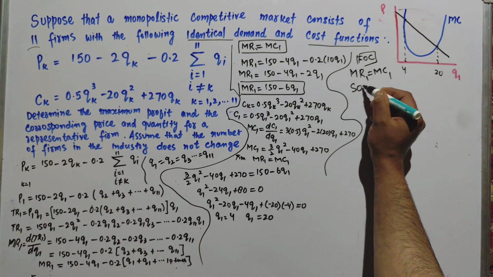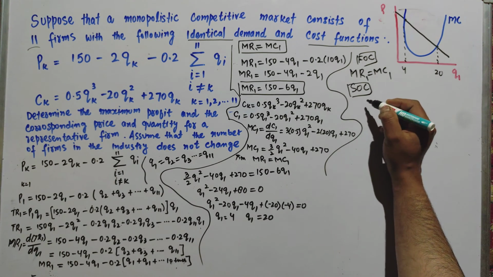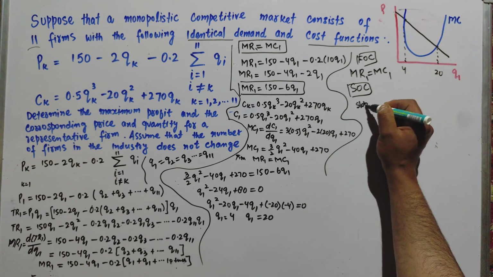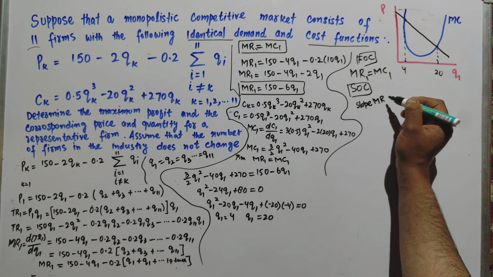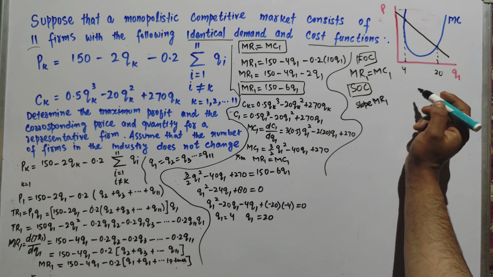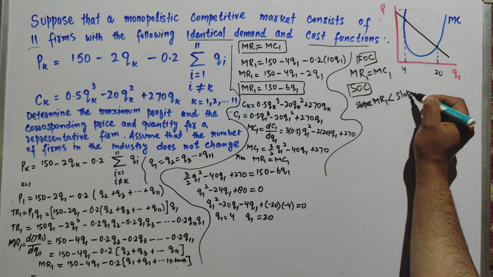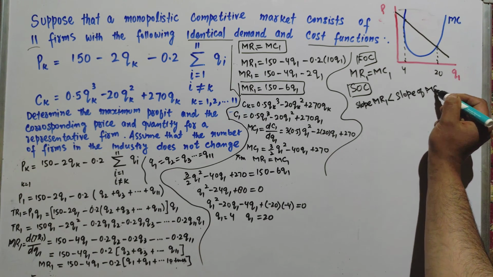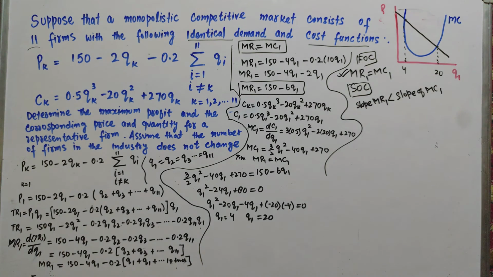Now the second order condition is used for profit maximization, that is the slope of marginal revenue at the critical points should be greater than the slope of the marginal cost function.